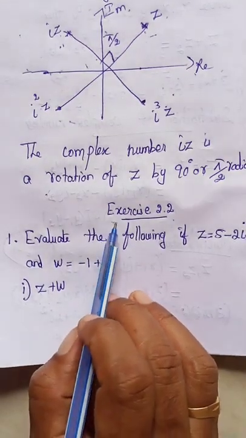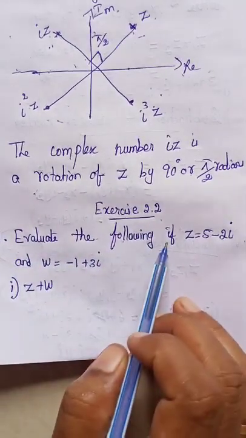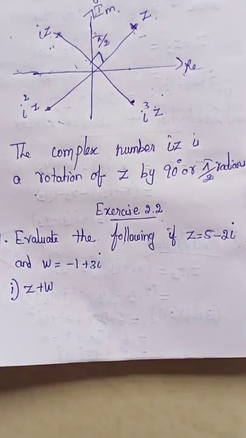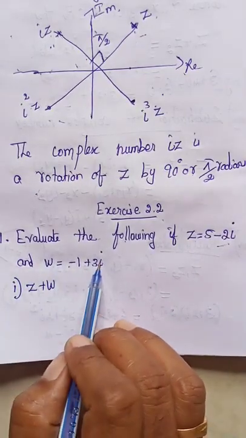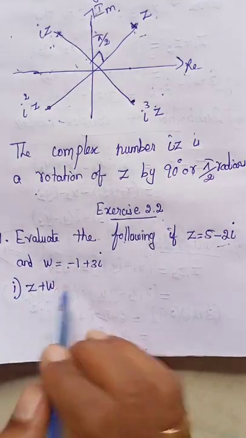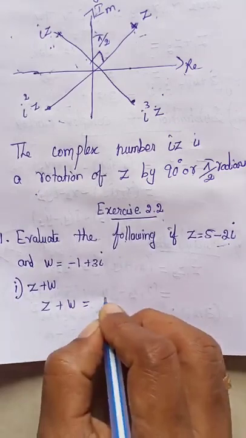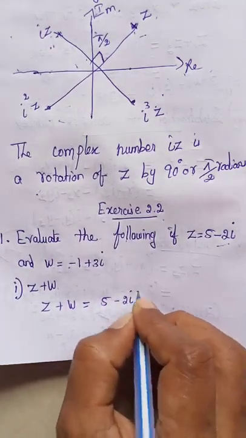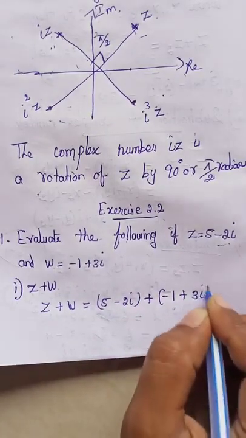Simple problems. Exercise 2.2. First one, evaluate the following if z is equal to 5 minus 2i and w is equal to minus 1 plus 3i. The first subdivision is z plus w. z is 5 minus 2i plus w, that is minus 1 plus 3i.